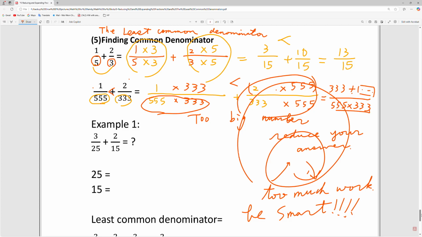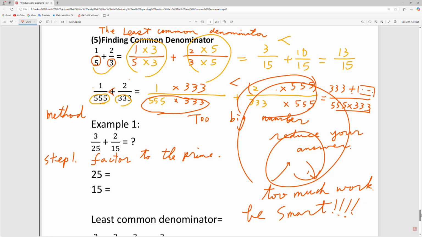So the correct method is step one, factor to the primes.